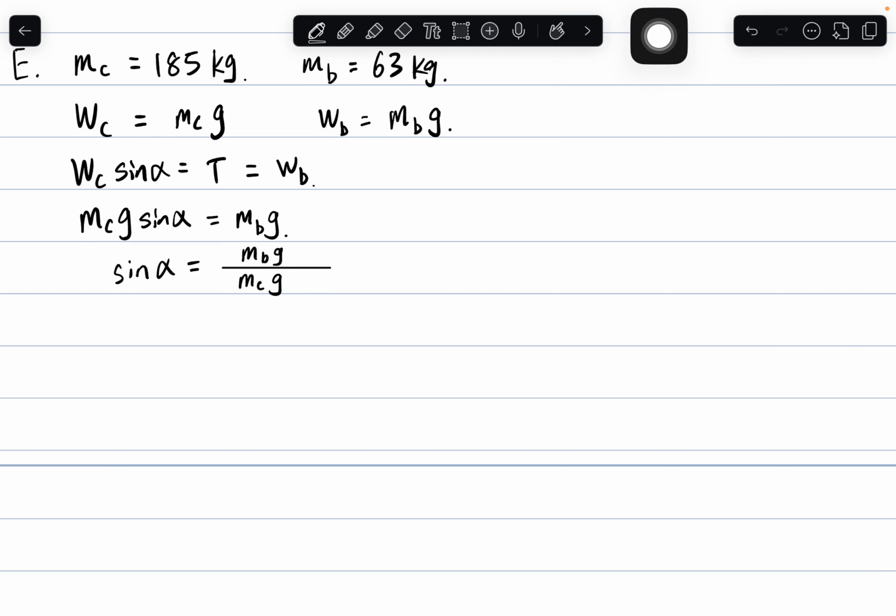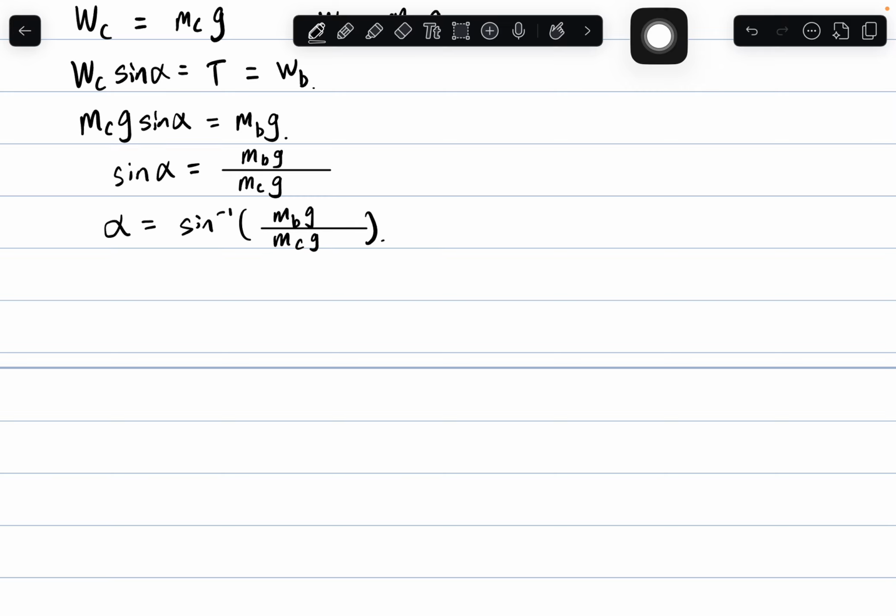And then alpha equals the inverse sine of mass bucket times G over mass cart times G. And we just plug in all the numbers.